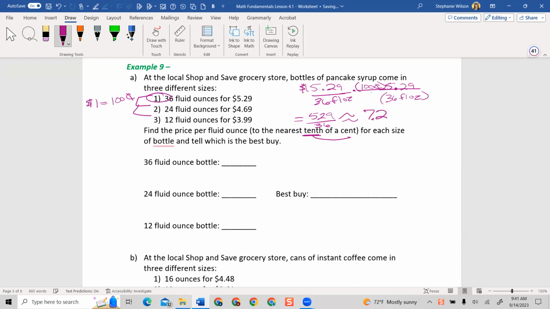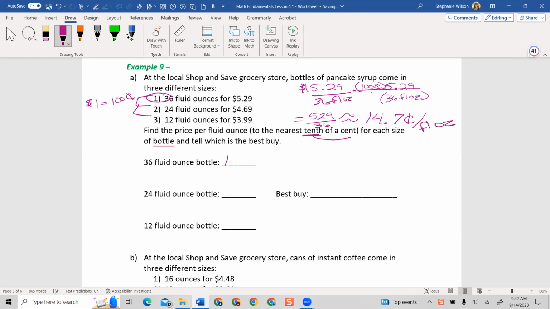It's going to be 7.2. Hang on, my apologies, that is not correct. Maybe I should have done it on that paper there where you can see it and I can catch it. It is 14.7 cents per fluid ounce.